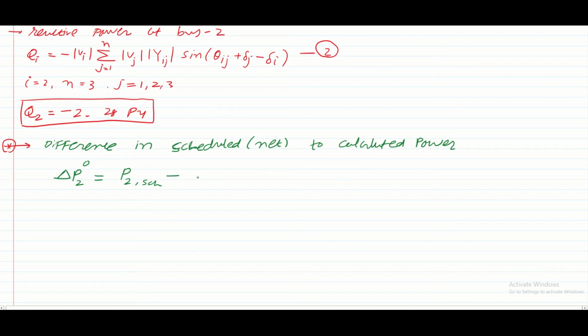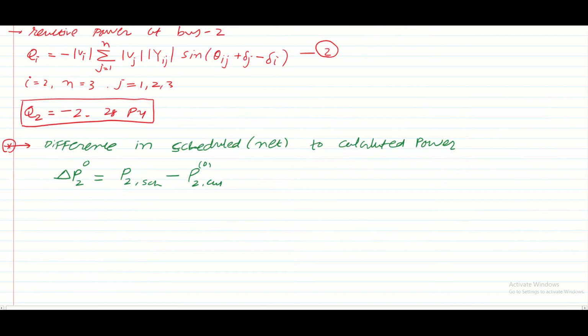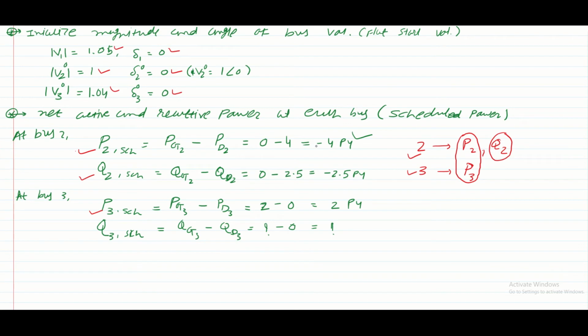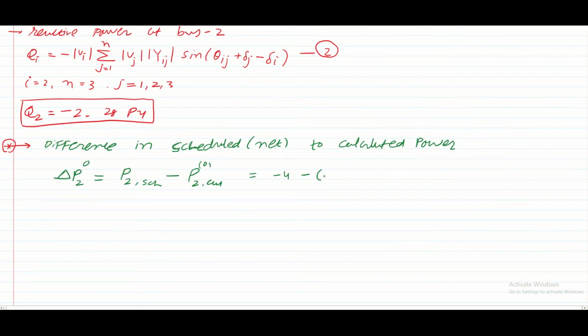minus P2 calculated, which we have calculated over here, P2 calculated, clear. So we will get the difference in net to calculated power, where the scheduled one is minus 4 per unit, and the calculated one is minus 1.1414.